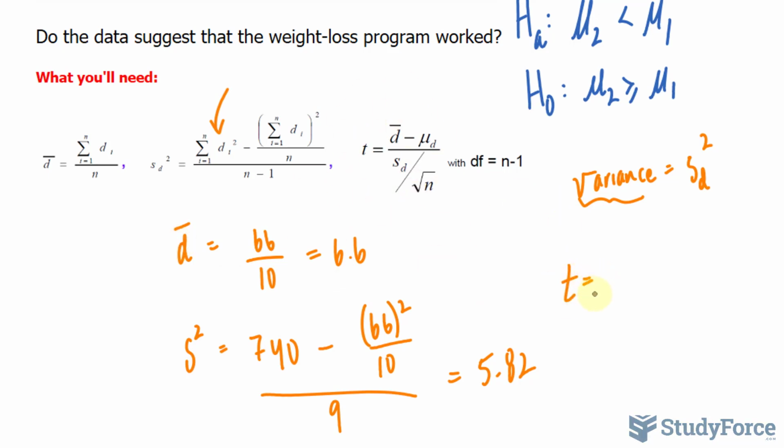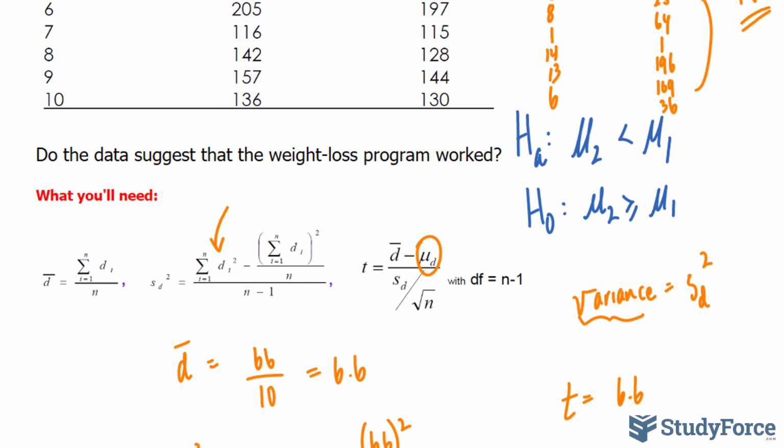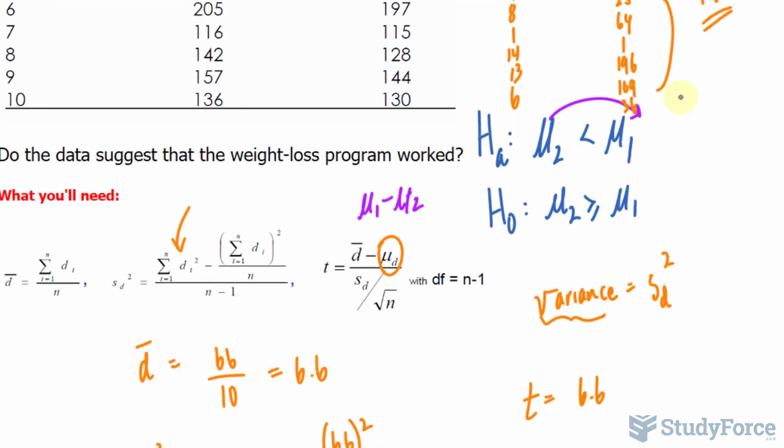T is equal to 6.6, and for situations like these, mu d represents mu1 minus mu2. So if we look at this formula right here, and I bring that over, I get 0 is less than mu1 minus mu2.